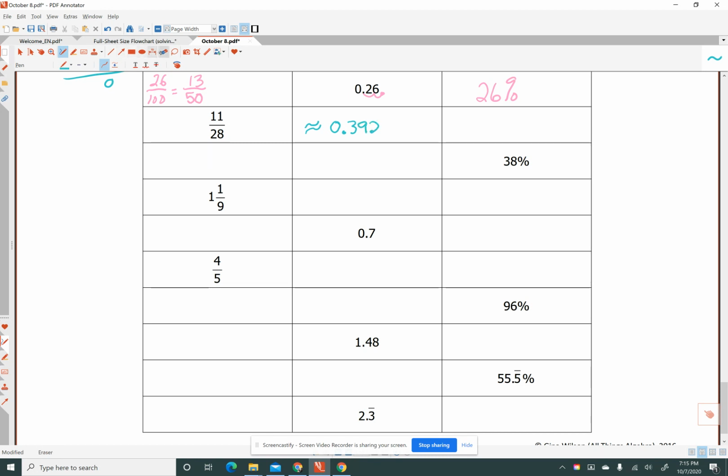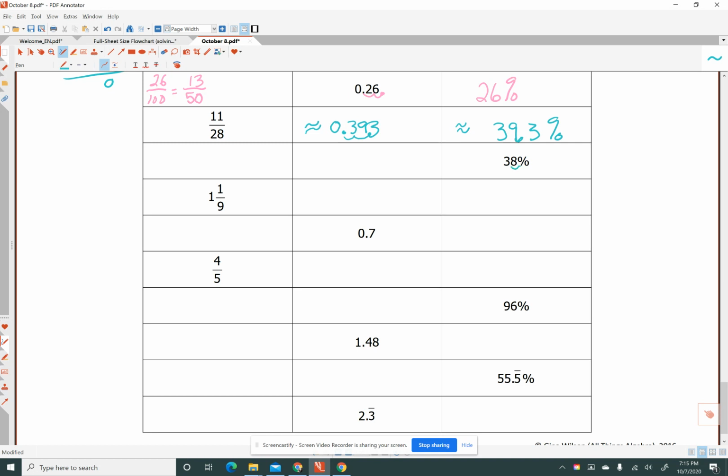Actually, I'm going to round, 393 thousandths. And as a percentage, it would be, move the decimal point 2 places. That means we multiply by 100. Approximately, again, this is only approximate because it's irrational, 39.3%.